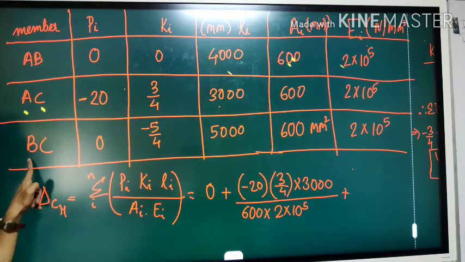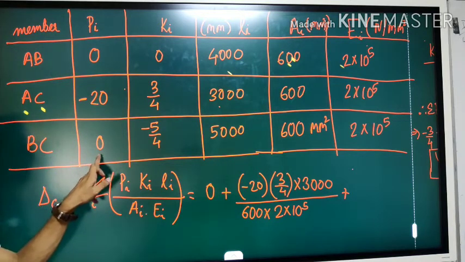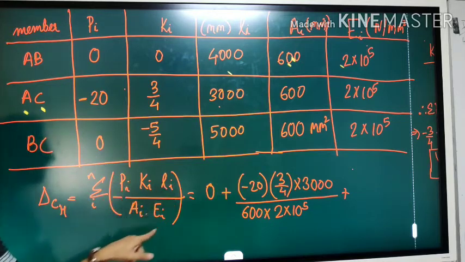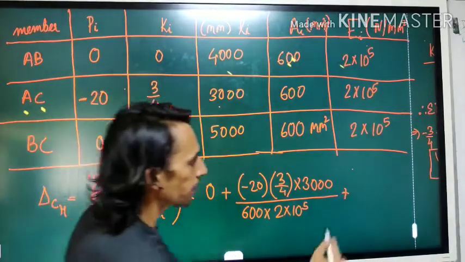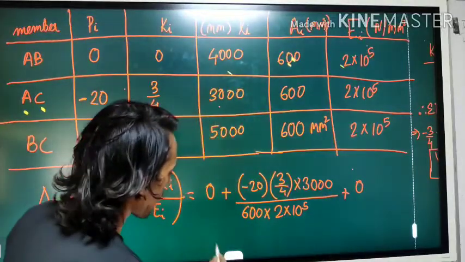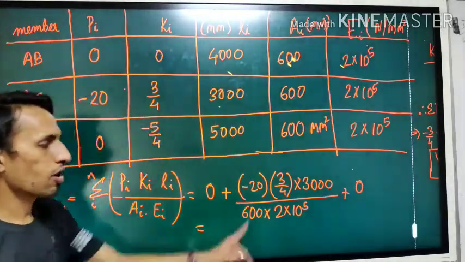Then come to the BC. See here, the value of PI is 0. So 0 multiplied by this much term will come out to be 0. And then you can solve this one.